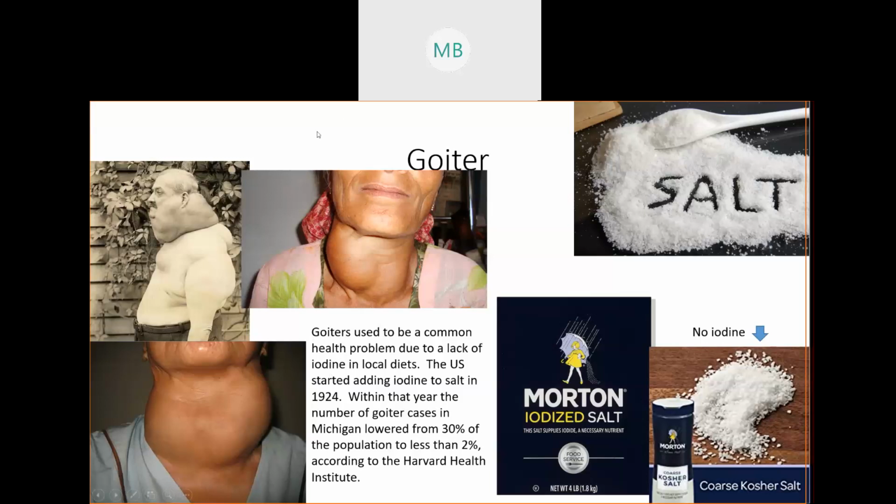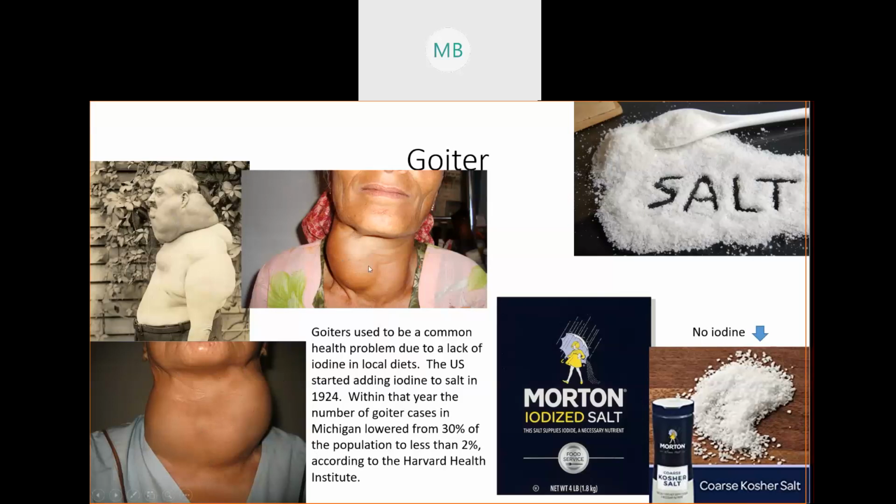And this was deemed a public health issue, especially because these are building problems. It's not a switch that flips on and off overnight. It takes time for these goiters to grow and build up, right?